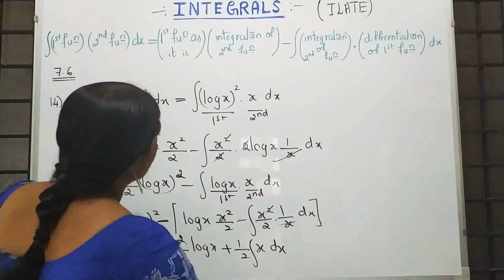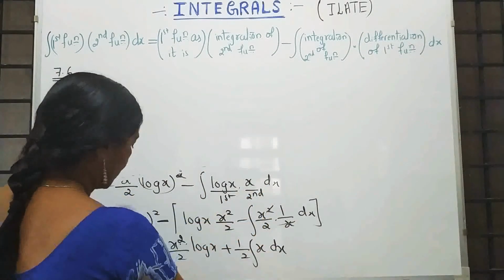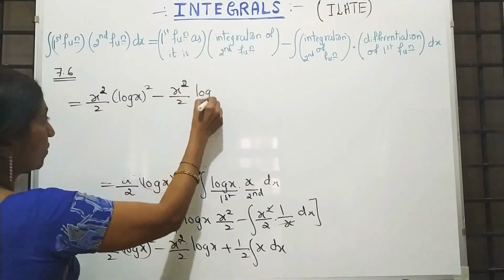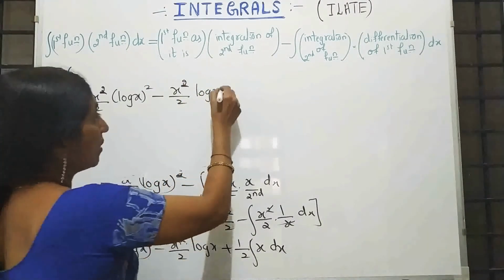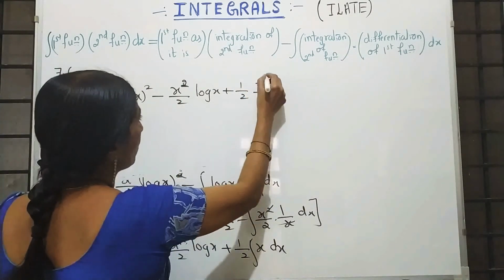Now write down the last integration. This is x square by 2 log x whole square minus x square by 2 into log x plus 1 by 2 integration of x is x square by 2.